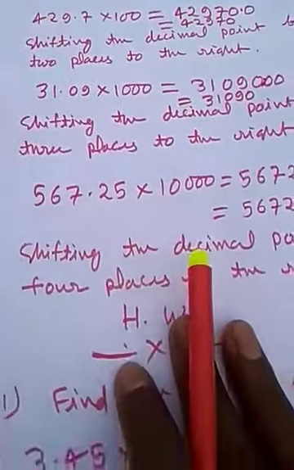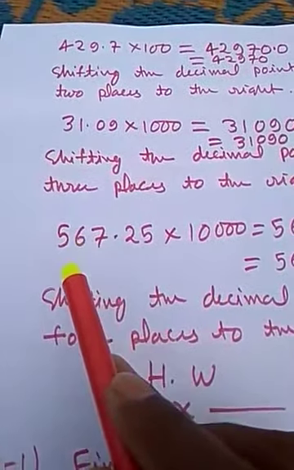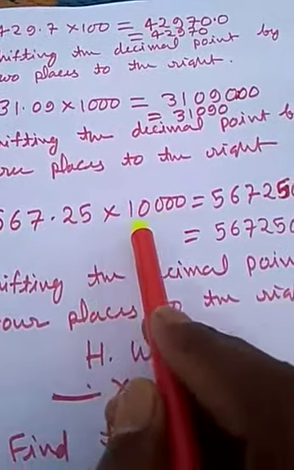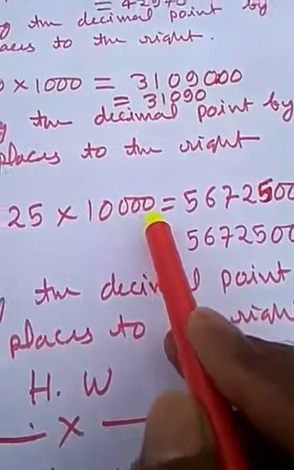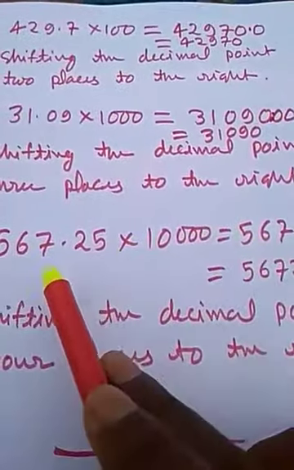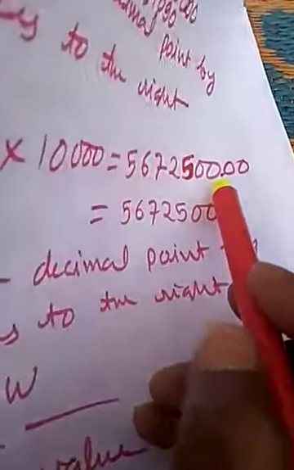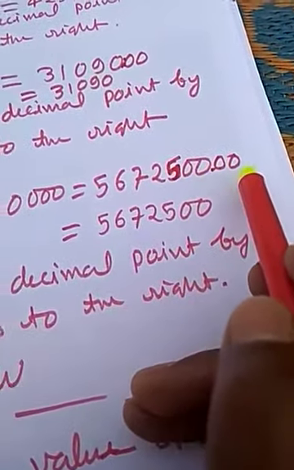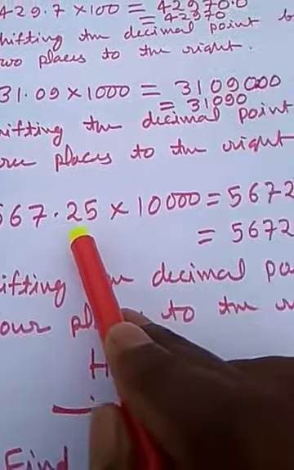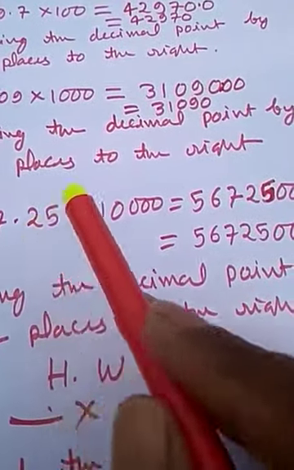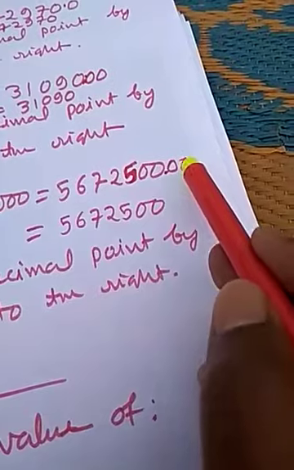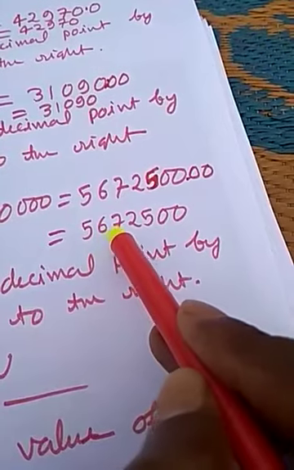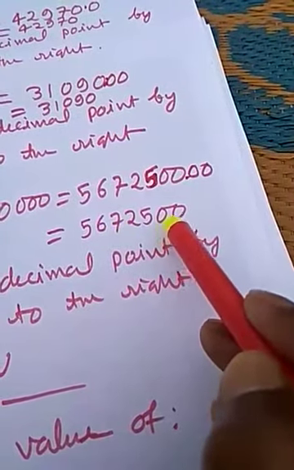It means if we have to multiply 567.25 multiply 10,000, then we shall write the multiplication of it without decimals. So that is written here 567250000. Now here are two decimal places, so we shall put the decimal point from the right side after 2 digits. So that is equal to 5672500.